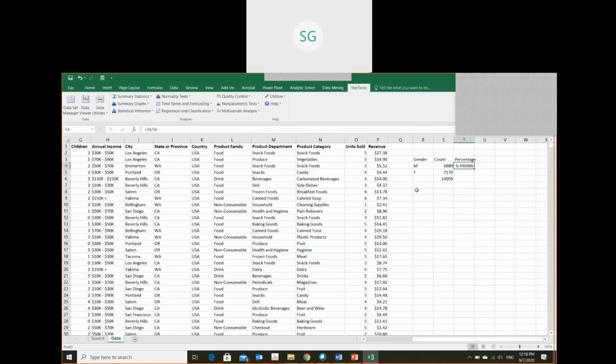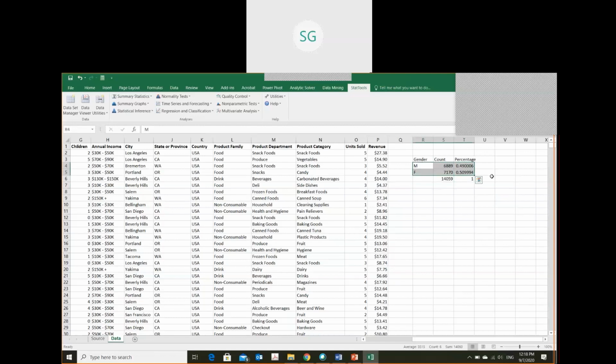Here's the percentage for this one, and again S5 divided by S6. Here's the percentage. Again, the total, the summation. We take the summation to make sure we have correct results. Yes, that's correct.